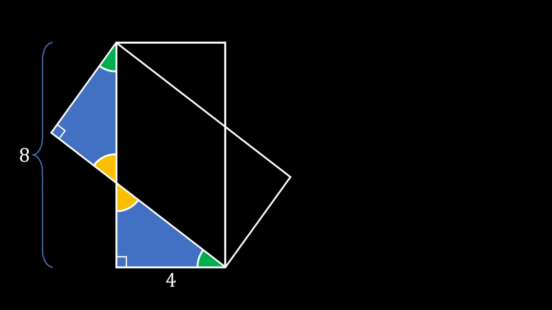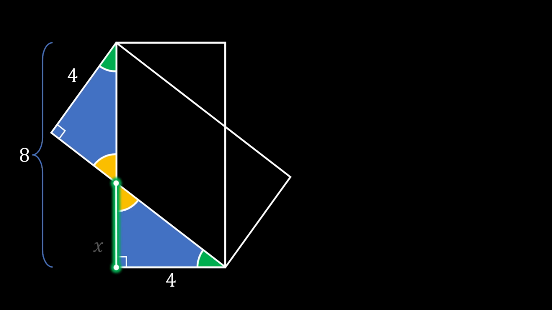Of course, we can conclude now that those two triangles are similar. But those two triangles also have the same leg of 4, since the leg of the upper triangle is equal to the base of our rectangle. This, of course, means that those two triangles are actually congruent by using the angle-side-angle theorem.